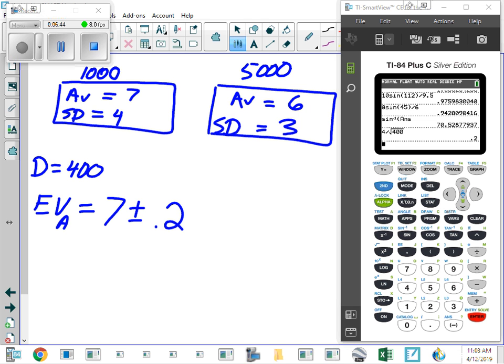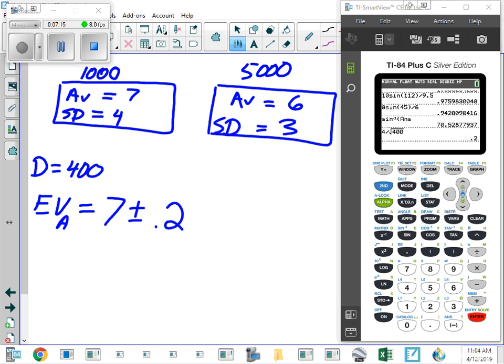What does that mean? Going back to chapter 5 stuff, what does 7 plus or minus 0.2 tell me? It means 68% of the time, anybody who plays this game will be between 6.8 and 7.2.